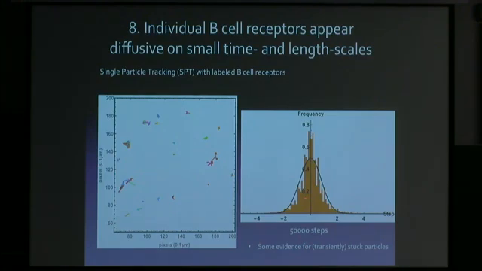Okay, so we're finding steps up to 2 pixels, so that's about 200 nanometers. There is a bit of evidence here that there's a population of things which appear not to be taking steps. So are they transiently stuck? It's possible. We might be able to achieve a better fit if we looked for 2 diffusion coefficients where the particles could transition between a stuck state and an unstuck state.